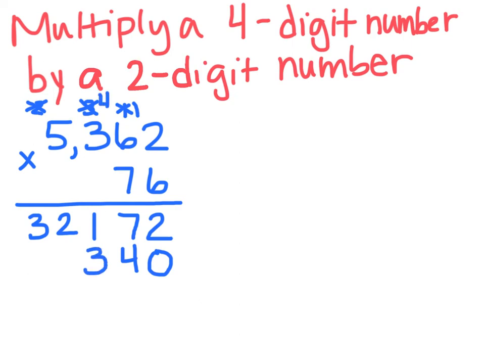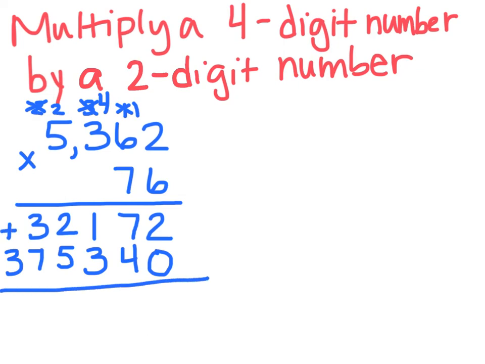Carry that 4. 7 times 3 is 21, plus 4 is 25. So the 5 goes in the thousands column. Don't forget to carry that 2. And 7 times 5 is 35, plus 2 is 37. So our 7 goes in the 10,000s, and our 3 in the 100,000s column.